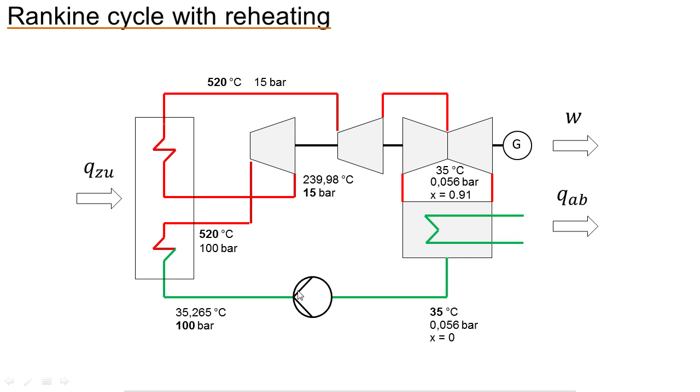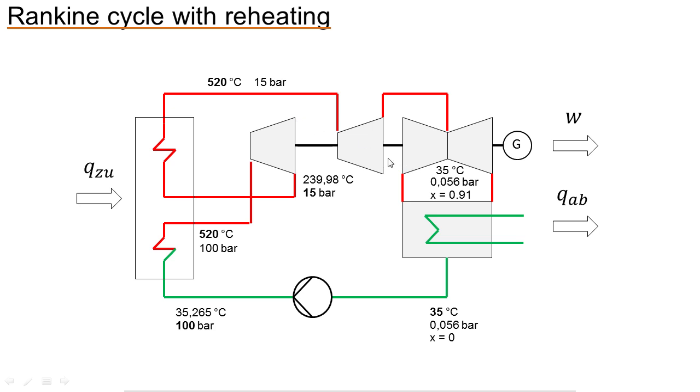There we go. So it's pretty much the same, but after the boiler and the turbine, we call this a high pressure turbine now, the steam will not exit the turbine as saturated steam. It will still be superheated steam, and the superheated steam will be put back into our boiler in our superheater and will be heated up again.